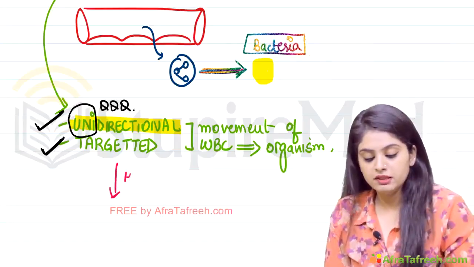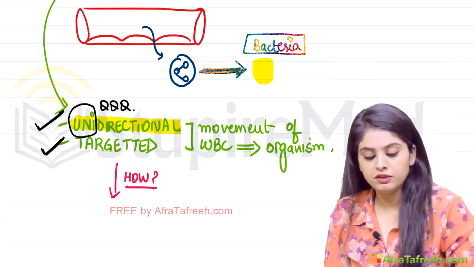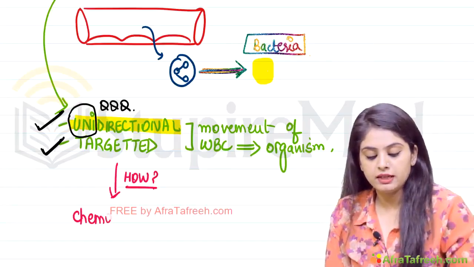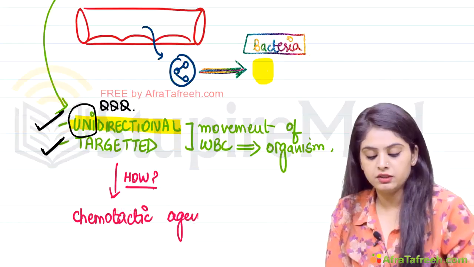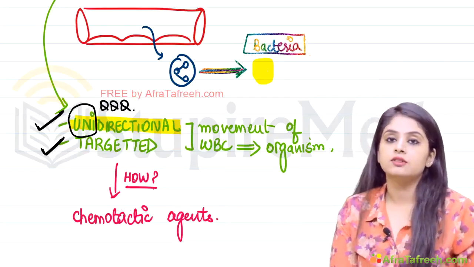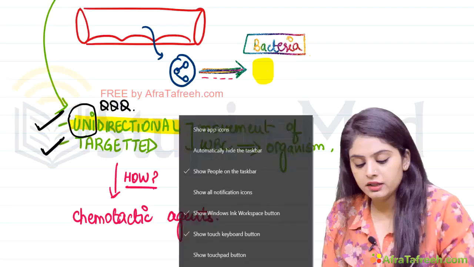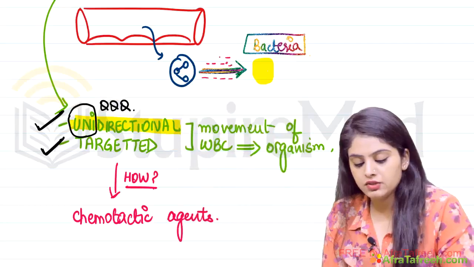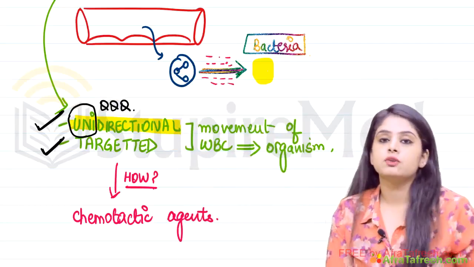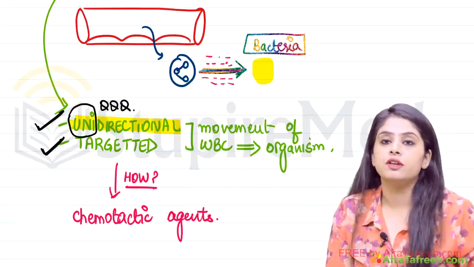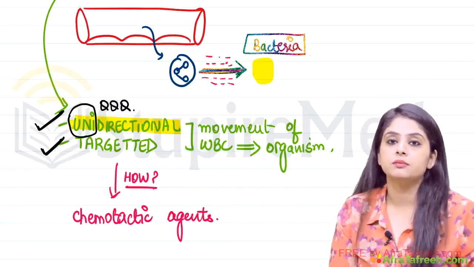So remember that this is because of certain chemotactic agents. Now there are certain things over here, the chemotactic agents, which will make sure that the WBC goes nowhere but to the organism.